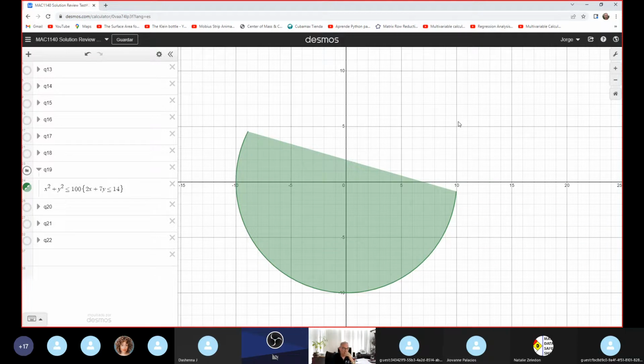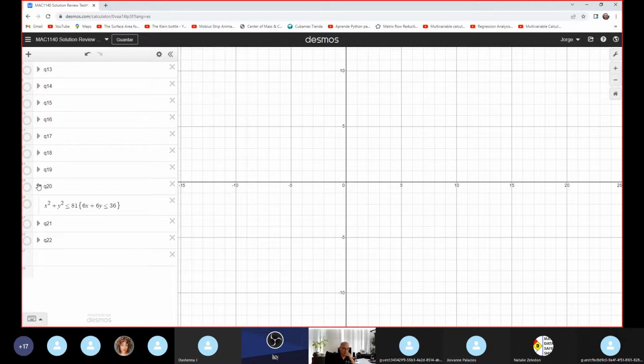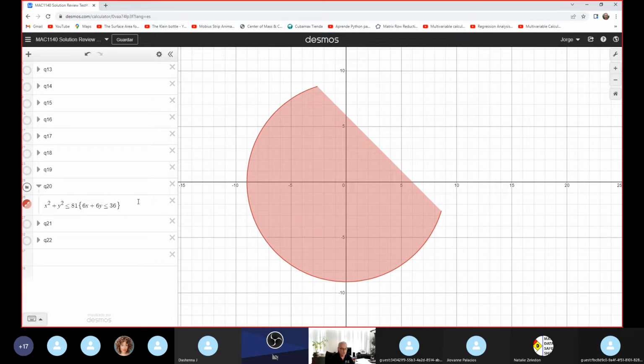And 20, similar, is in pink color. 20 is option C again. Okay, option 7.